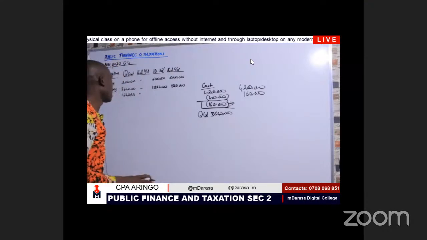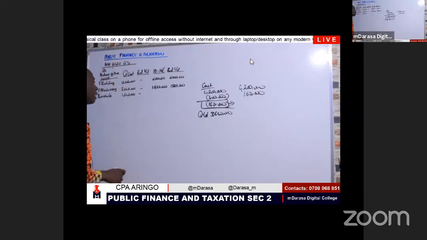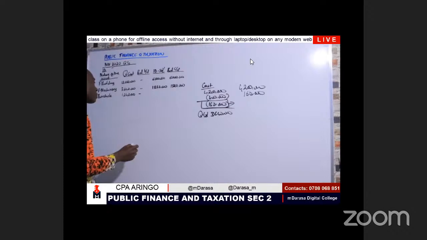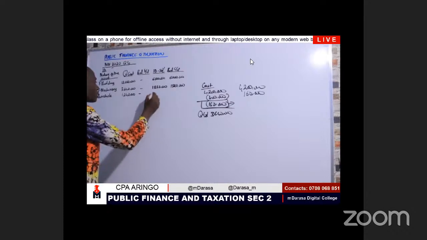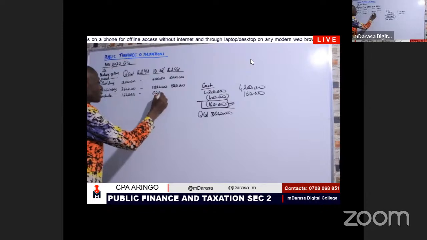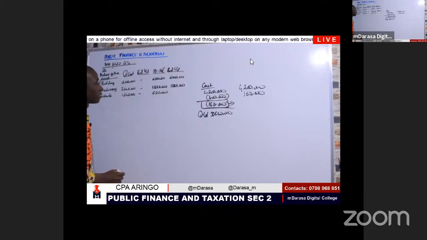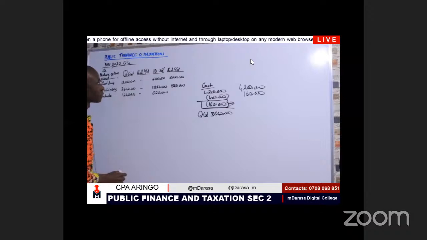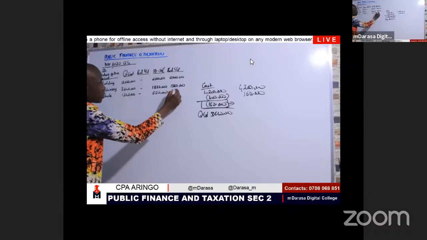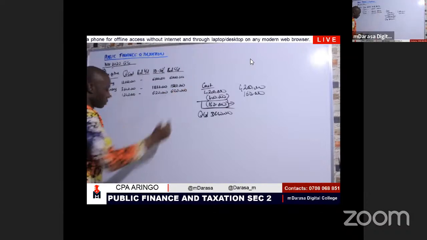So in this case, our 50% should give us how much? 620. Yes, 620. So for the balance carried down, I should be talking of 620,000.